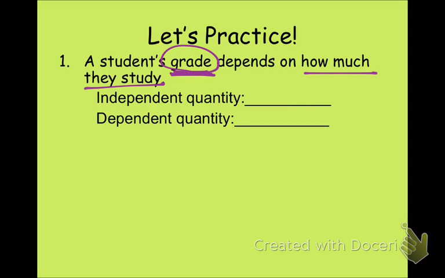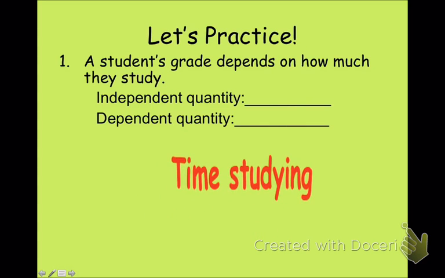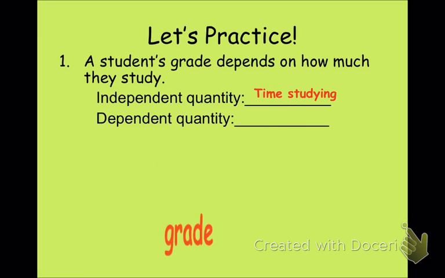Which one's going to come first? Generally, you will study first, and then you will earn a grade based on how well or how much you studied. So the independent thing is how much you study. You can choose how much you're going to study, and that's going to affect your grade. So our independent in this case is our time studying, and our dependent quantity is our grade earned.